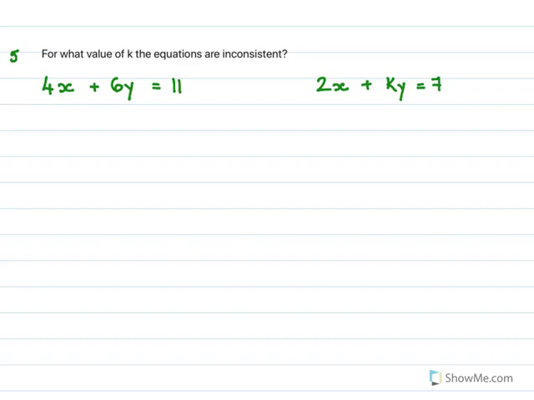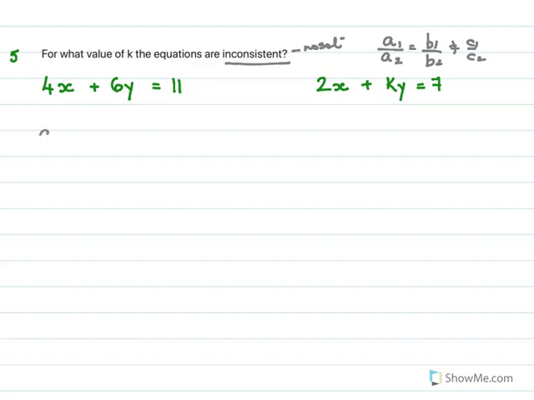For what value of k are the equations inconsistent? Inconsistent means they have no solution. And you know the condition for no solution, a1 over a2 equals to b1 over b2 not equal to c1 over c2.